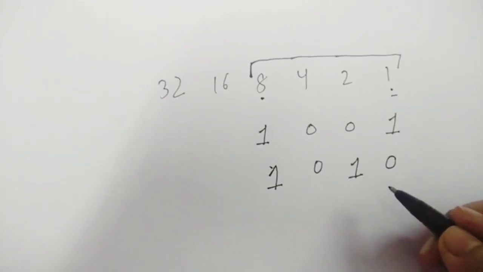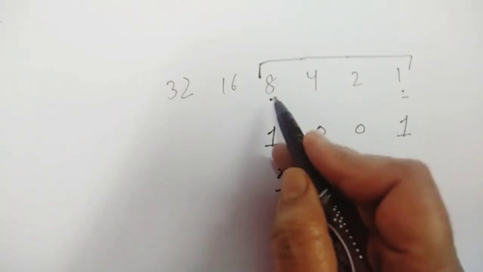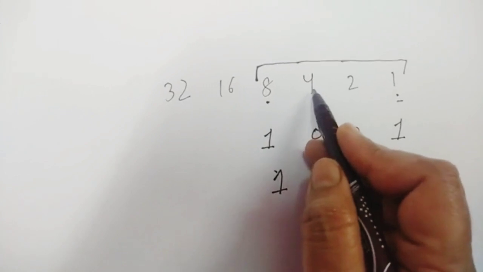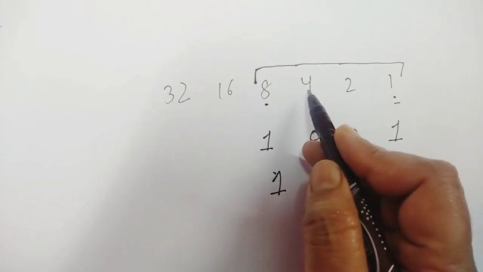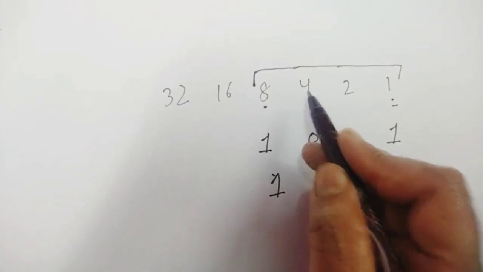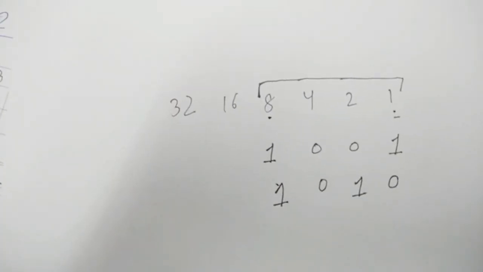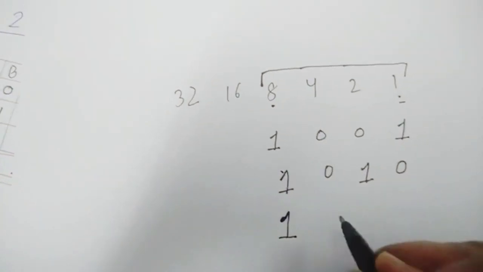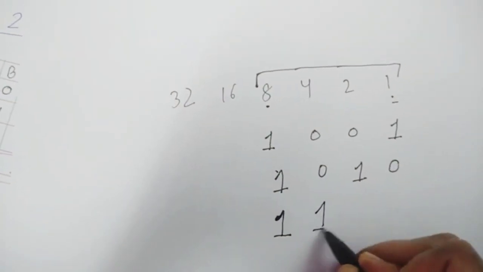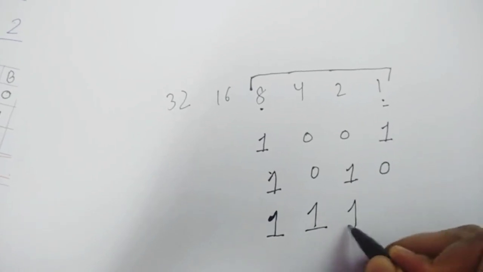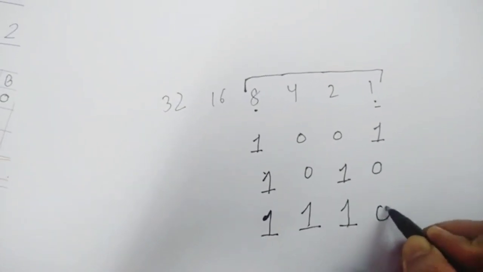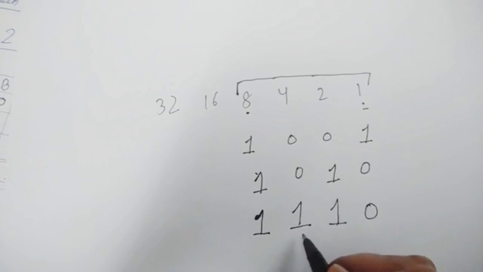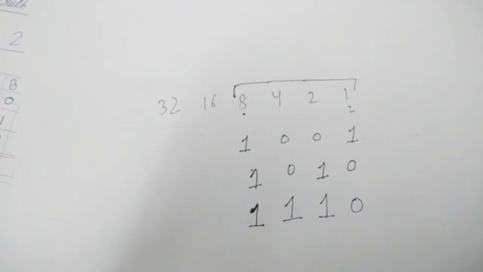If I want to calculate 14, it is 8 plus 4 plus 2. This column I have added, plus 4 plus 2. This I have not added. Clear? 8 plus 4 plus 2. Clear how to write?